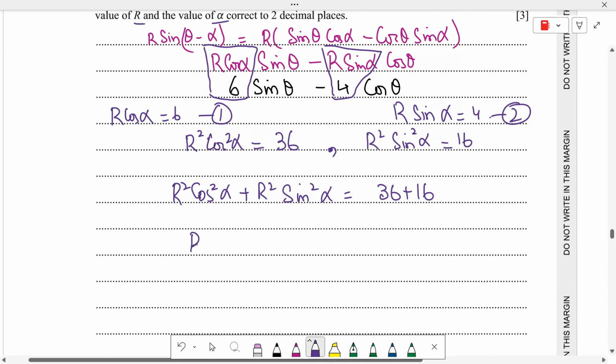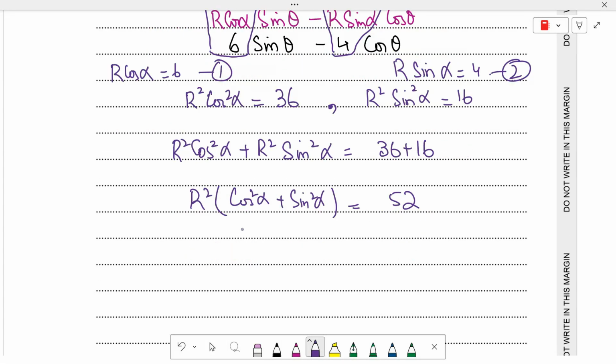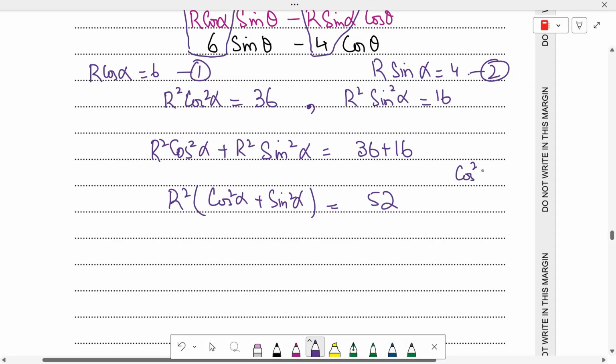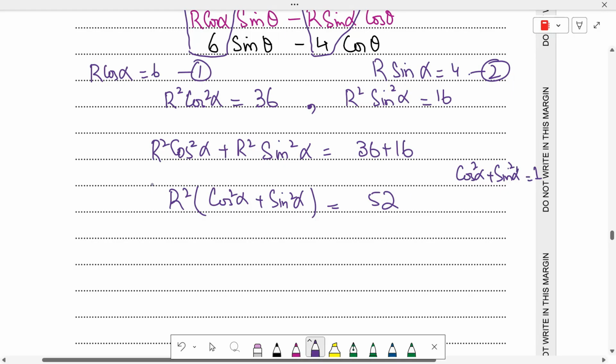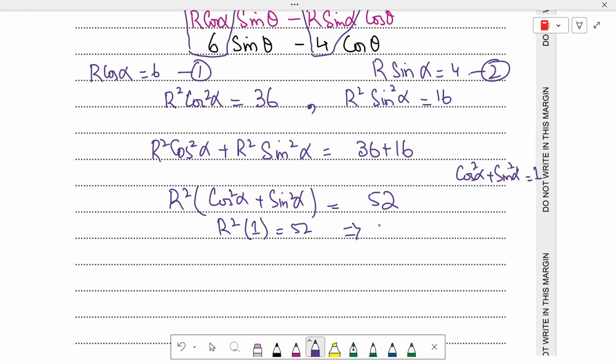So r squared is common, and cos squared alpha plus sine squared alpha is equal to 52. We know that sine squared alpha plus cos squared alpha is equal to 1, so r squared times 1 is equal to 52. R squared is 52, so r is equal to root 52, or we can say 4 root 30.